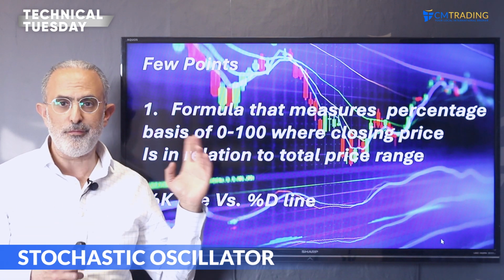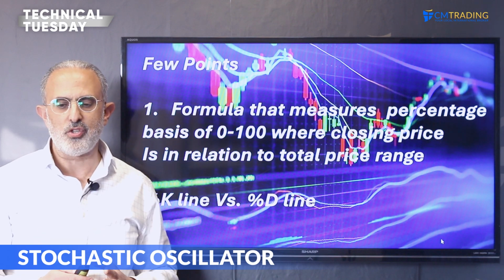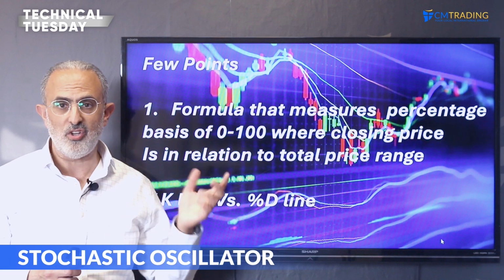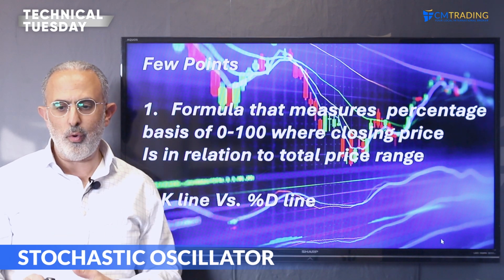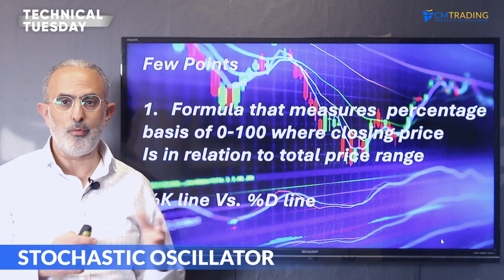So here's a few points. Number one, it's a formula that measures a percentage based on 0 to 100, just like an oscillator does. That's the oscillating part. And the closing price is in relation to the total price range.